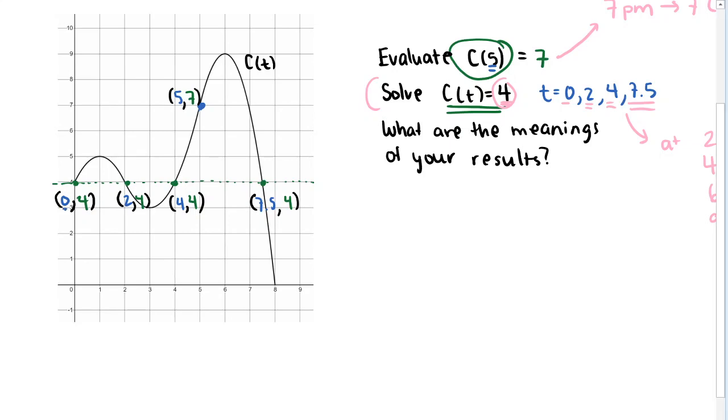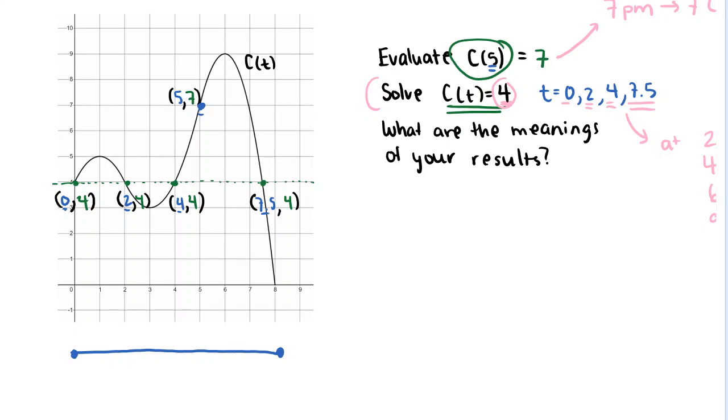That's something we can reasonably input into this function. We have an input of 2, 4, 5, 7.5, and everything in between. Really, all values of t between 0 and 8, we have a temperature reading for and can reasonably plug into this function.